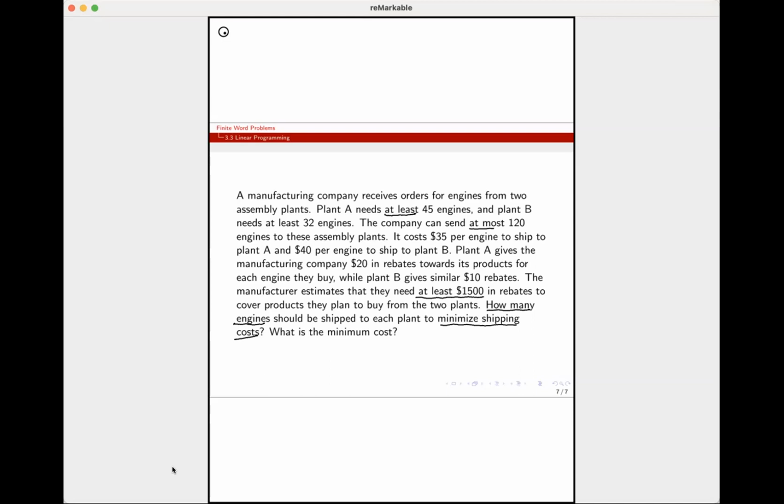So the variables we're looking for is the number of engines shipped to, so it's how many engines should be shipped to each plant, right? So the first variable will be the number of engines shipped to plant A. And then the second variable will be the number of engines shipped to plant B.